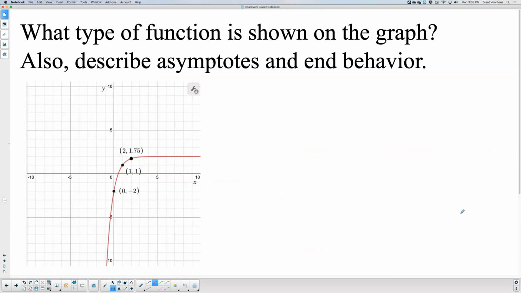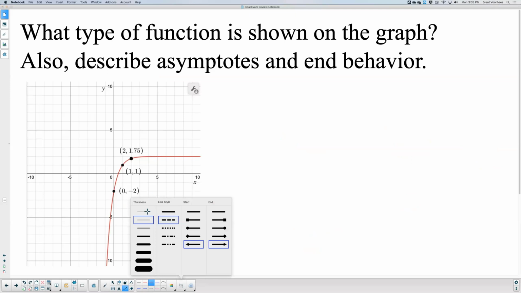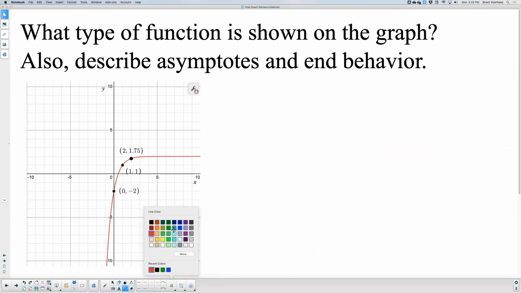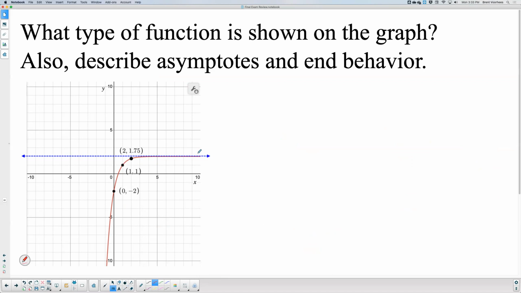Now to go a little quicker here, what is this function? I see it kind of looks like a logarithm until I pay attention to its asymptote. When I look closely at its asymptote, I notice that the asymptote is a horizontal asymptote here, which means it's going through the y-axis. And since my horizontal asymptote is going through that y-axis, this must be an exponential function, horizontal asymptote.